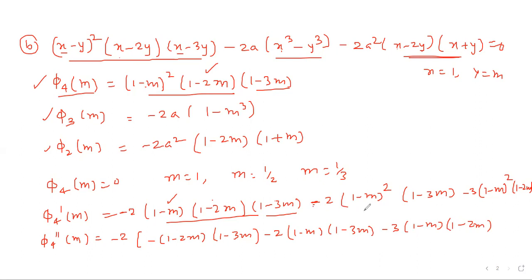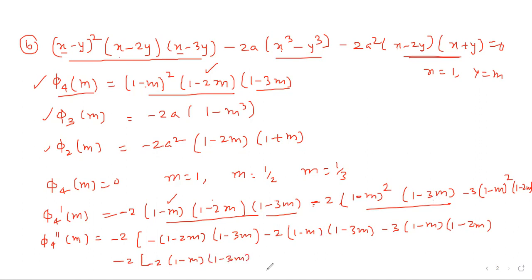Now we are going to differentiate this term also, these two terms. So this will give minus 2 times, we differentiate this, so there are two functions here, twice of (1 minus m), but it will leave minus sign because when 1 minus m is differentiated, it gives minus 1, times (1 minus 3m).